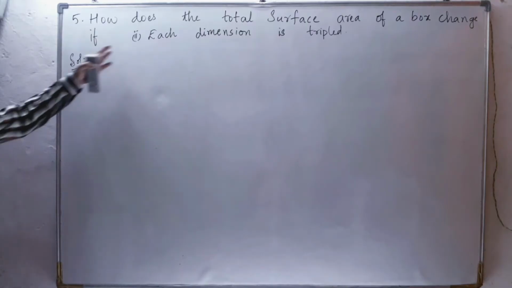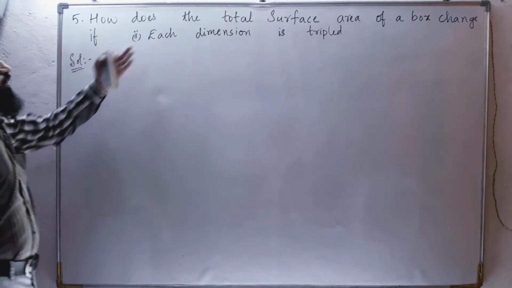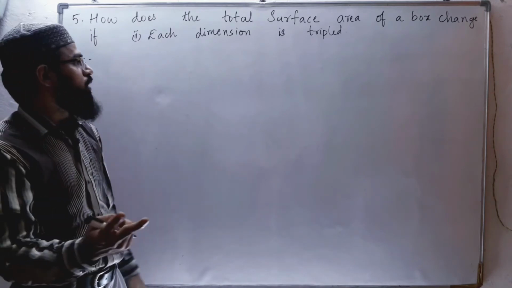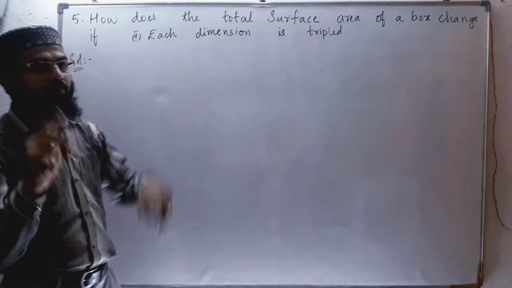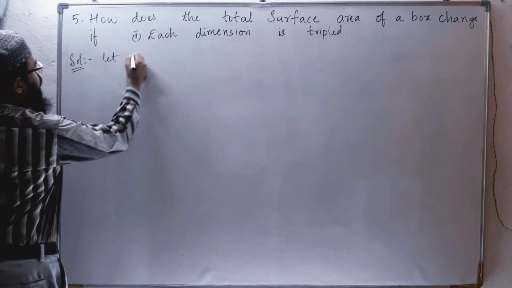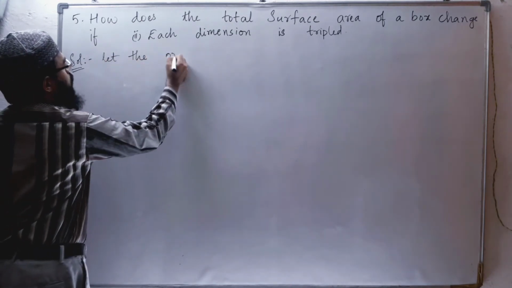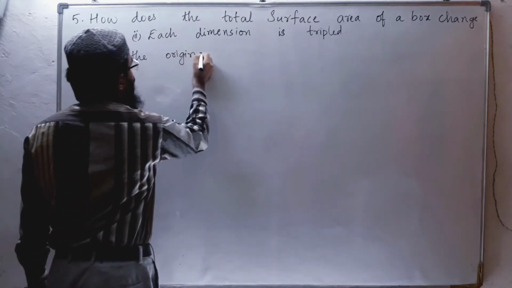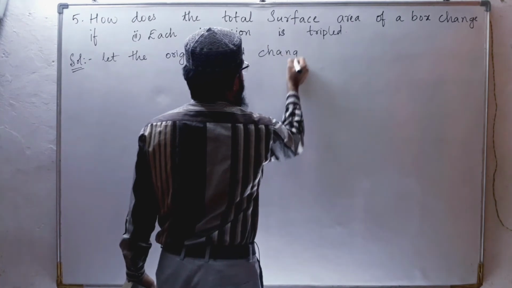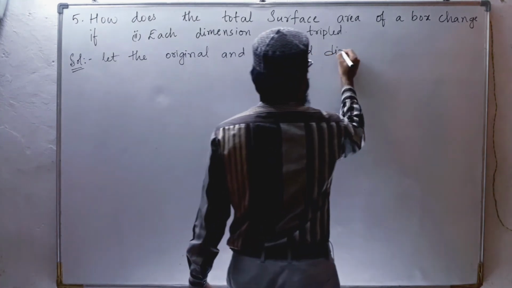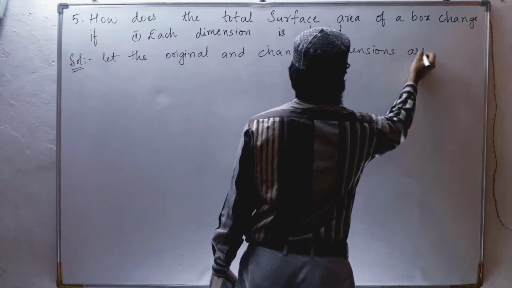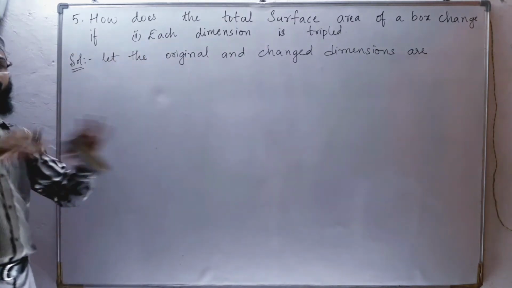Next, this is the second part of the fifth problem. Each dimension is tripled. So just now we have done for doubled. Now we are going to do it with tripled. So let the original and changed dimensions be, we will take both.